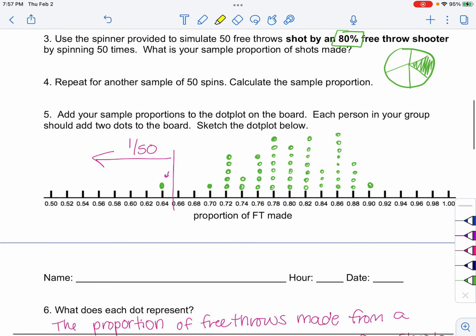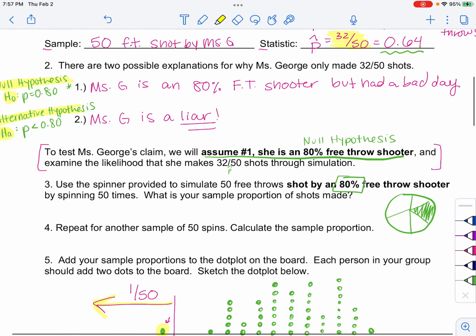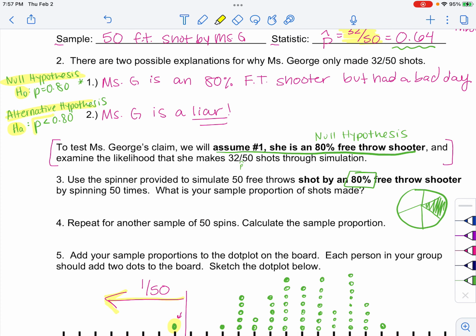From there, we collect our data, assuming that the claim is true. So all of these dots represent an 80% free throw shooter. We compare that to the results that I actually got and count how many dots were at or below my results. We chose at or below specifically because we said that we thought p would be less than 80.